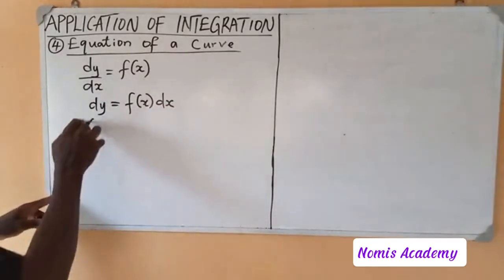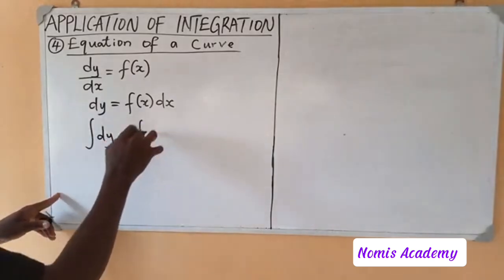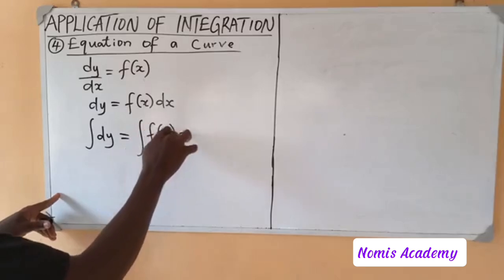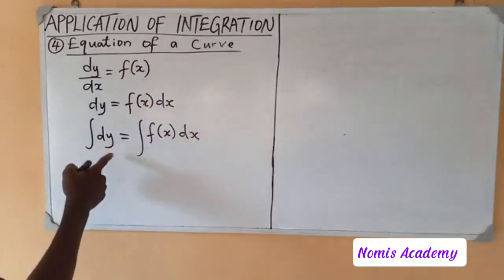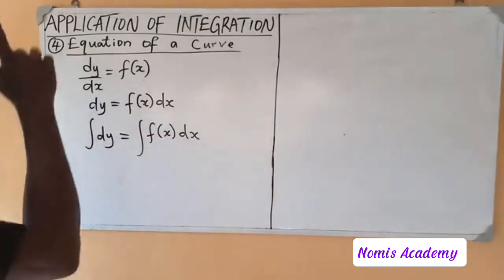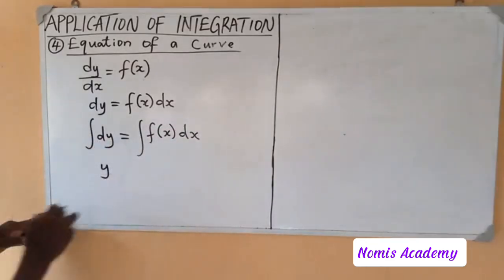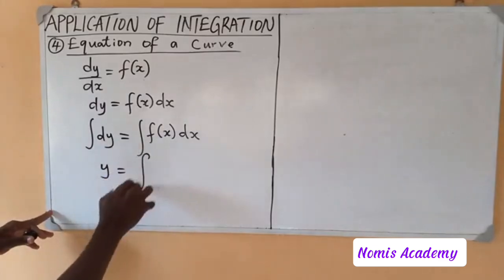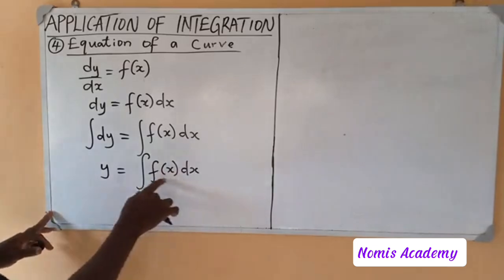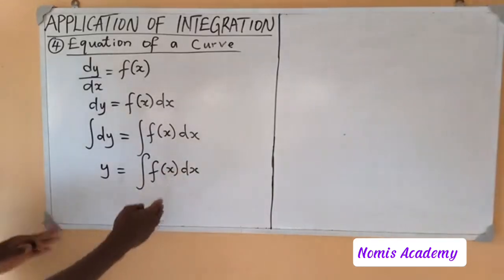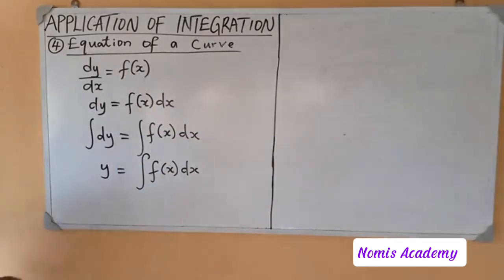The integral of dy equals the integral of f of x dx. When you integrate 1 with respect to y, the answer is y equal to the integral of f of x dx. So when you know your function, it is very easy to find the equation of the curve.